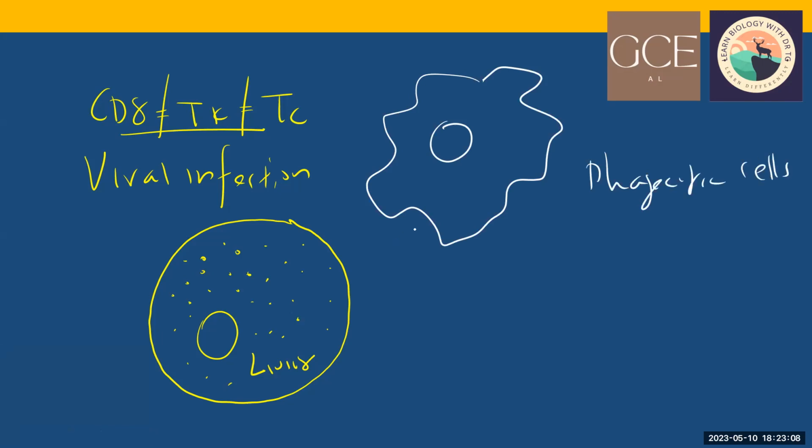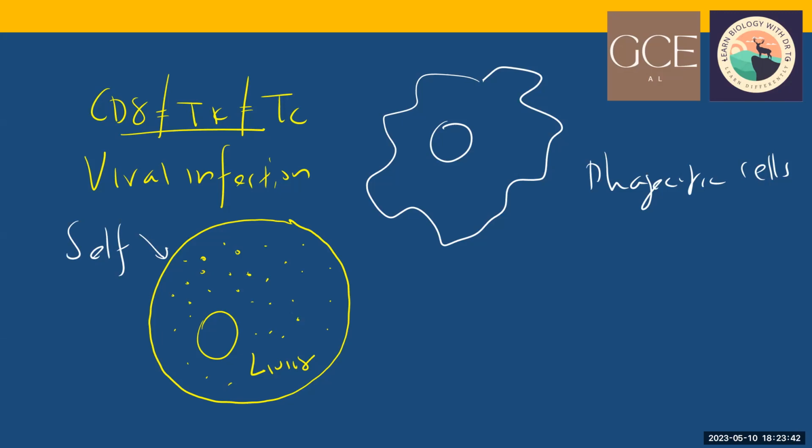A phagocytic cell cannot attack its own cell. This is the own cell of the body. Phagocytic cells do not attack own cells because this is self. And that's a big problem in viral infection. They are growing inside the cell.